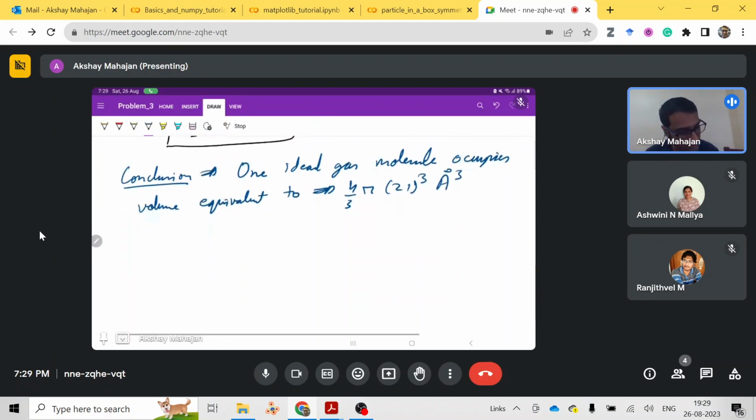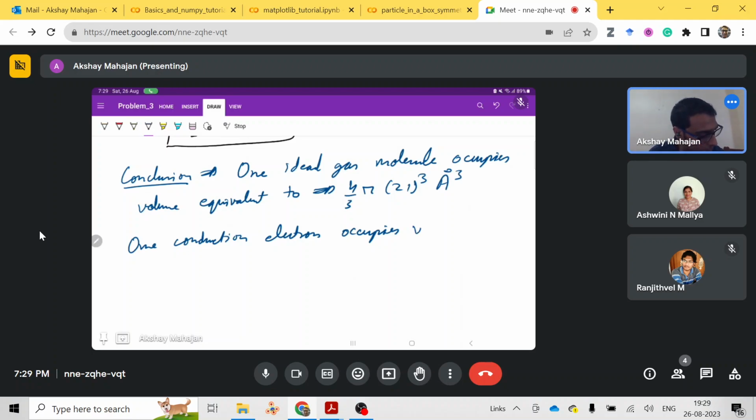And one conduction electron occupies a volume equivalent to, approximating the values we have, 1.09 or 1.41 angstrom, so around 1 angstrom whole cube. You can see that 21 whole cube is quite large.